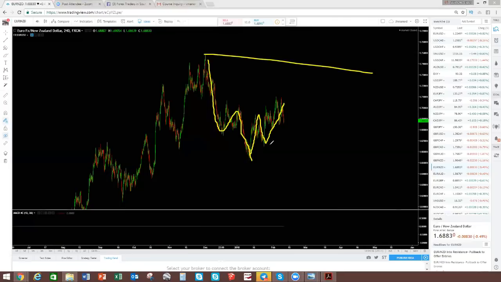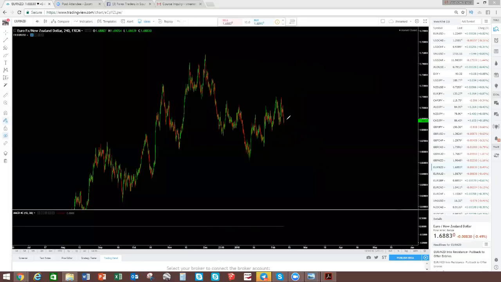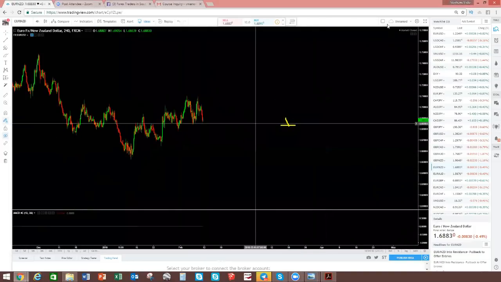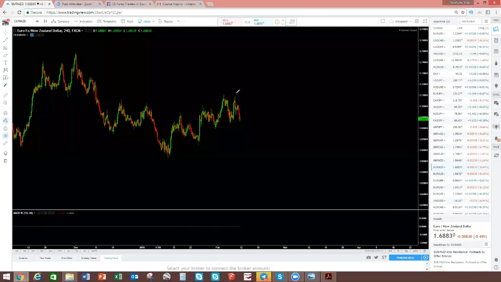But whatever happens, if it breaks out of the correction before it takes the top, then it may just give us another zigzag like this, 1, 2, 3. But this structure here is showing us a regular flat after a 3-wave move. That's the structure we're looking for.